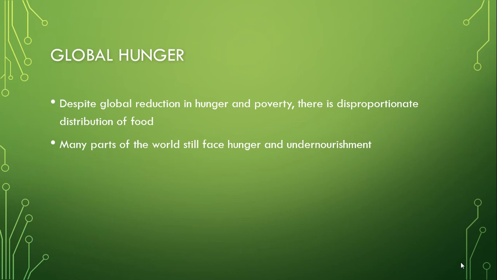So we have a disproportionate distribution of this food, even though when we look at global figures, it appears that there is a reduction in the average figures for hunger and poverty. And there are many reasons associated with that.